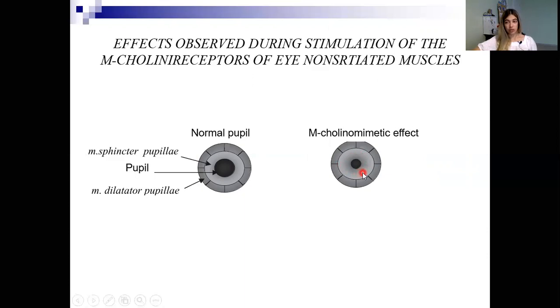Don't be confused. If the sphincter is located in the GIT, it will be relaxed, but the sphincter in the eye will be stimulated, sphincter of the eye. So it will be stimulated, and you see what happens with the pupil. It becomes smaller, so this way we have miosis.